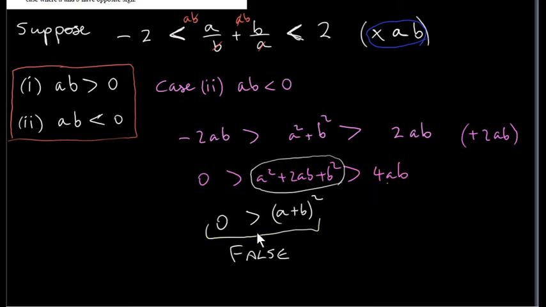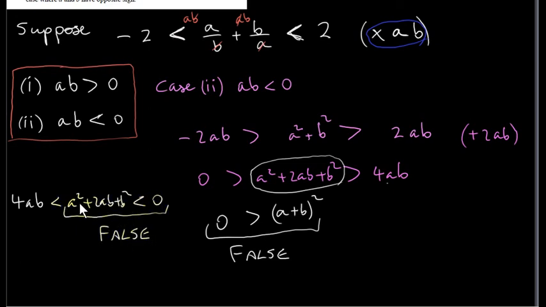If I write it down in the usual sense, you have 4ab less than a squared plus 2ab plus b squared less than 0. And this part here is false. So this expression here is on the other side of 0. It doesn't lie between 4ab and 0.